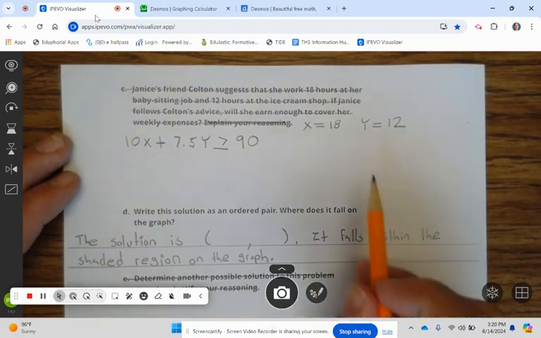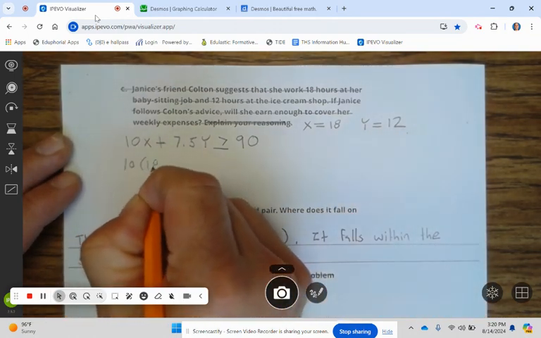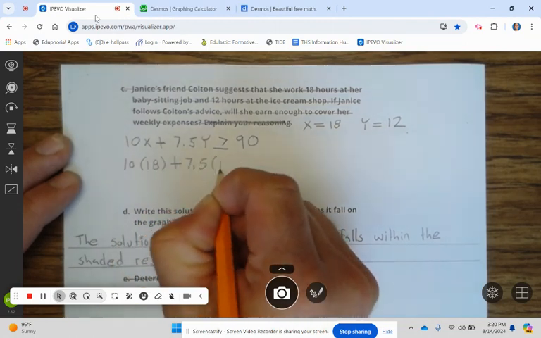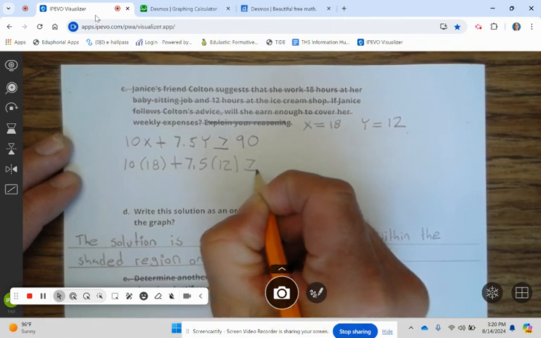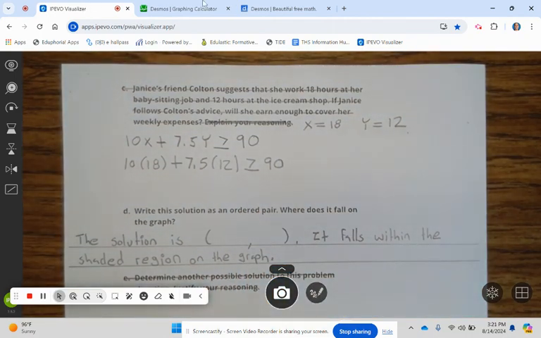Okay, so now let's substitute x and y into the inequality. So that's 10 times 18 plus 7.5 times 12 is greater than or equal to 90. And let's see if that's true or false.